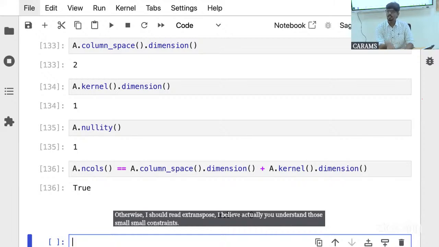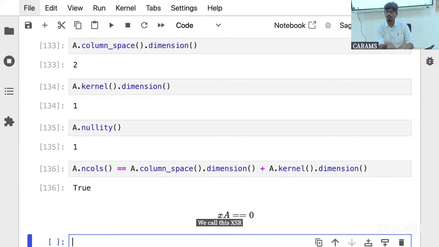We call the set of all solutions of this system the left kernel of A. That is also a subspace, and it is one of the so-called four fundamental subspaces.